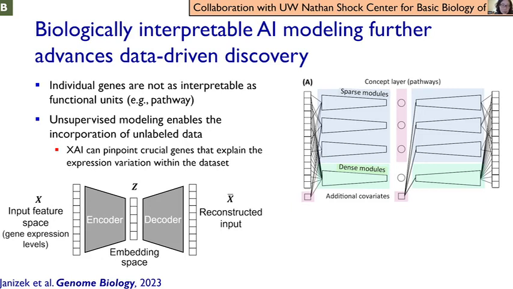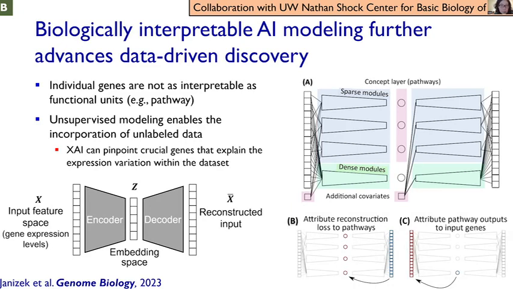So you see in the bottleneck layer, in the embedding space, you use this pathway information so that each hidden variable corresponds to a pathway, and then again you can attribute the reconstruction error to the pathways to get a sense of which pathways are important within that data set, and in turn attribute back to the individual gene level. This new method was more recently published in Genome Biology.